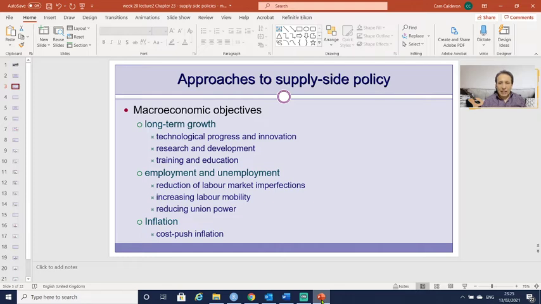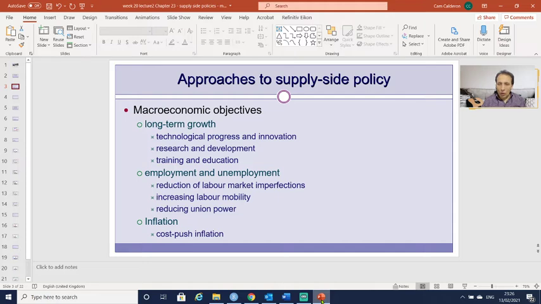Among the issues that we are going to cover in this video: in order to stimulate long-term growth, we carry on with technological progress and innovation, and that is a way in which we try to amplify the effects of capital and labor.